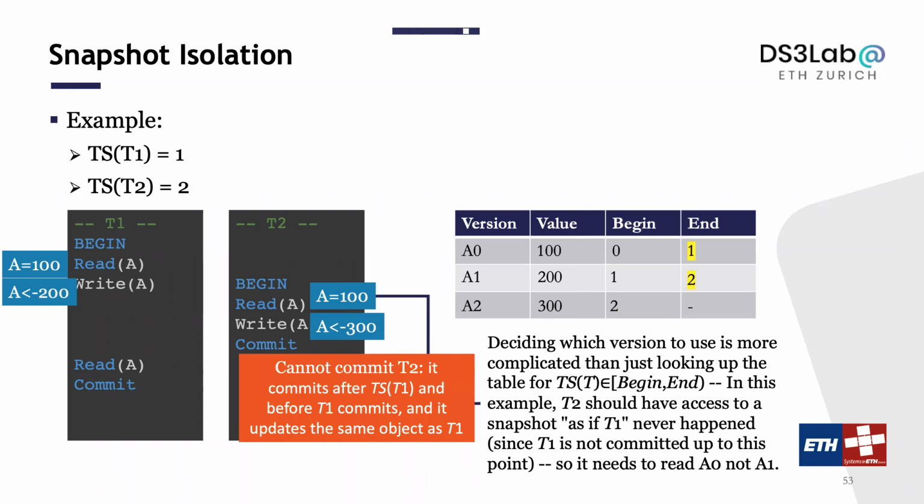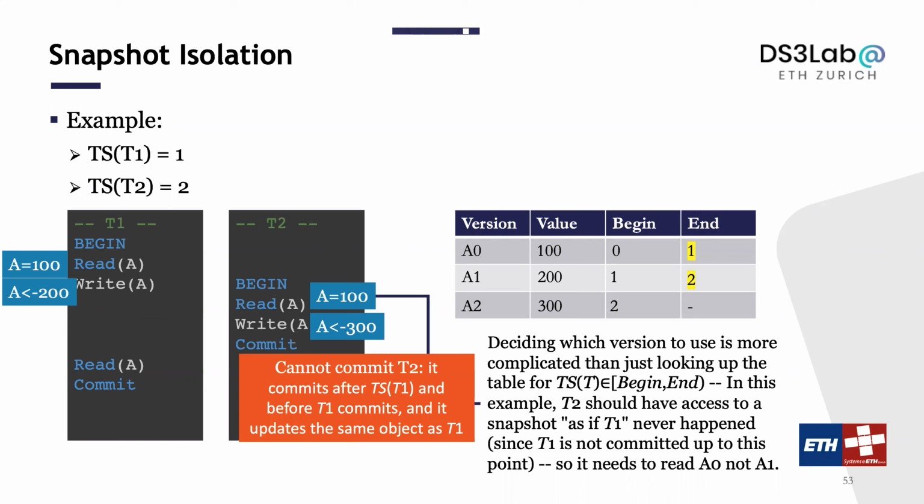In this case, actually no. So you go back to the protocol. When T2 commits, I check: in this case, it's going to commit after the timestamp of T1 began, but before T1 commits, and it updates the same object as T1. So in this case, I either abort T1 or abort T2. I can choose to abort T2.